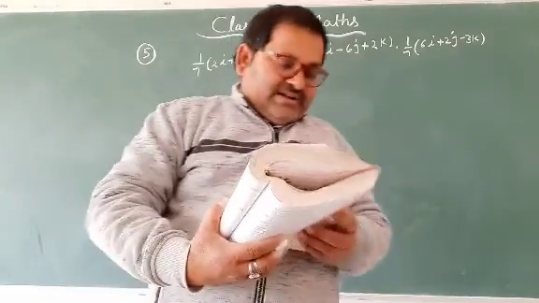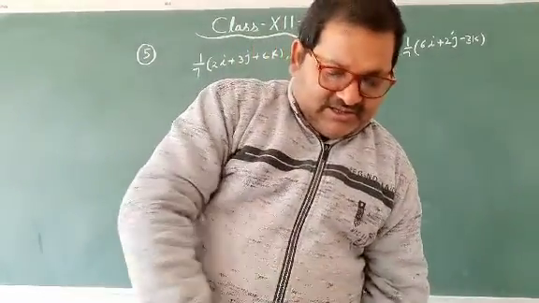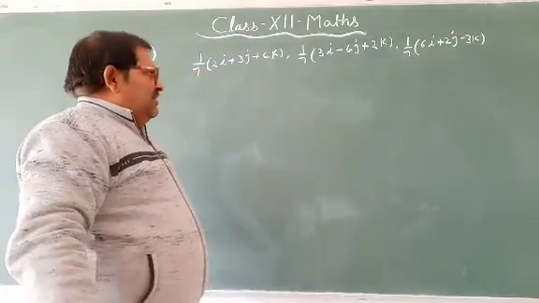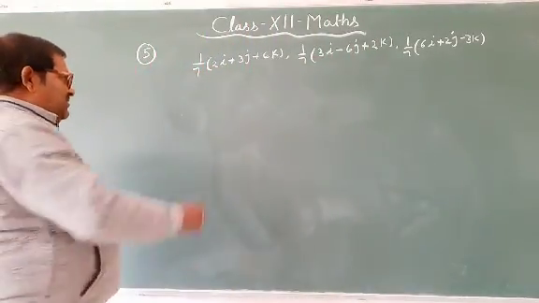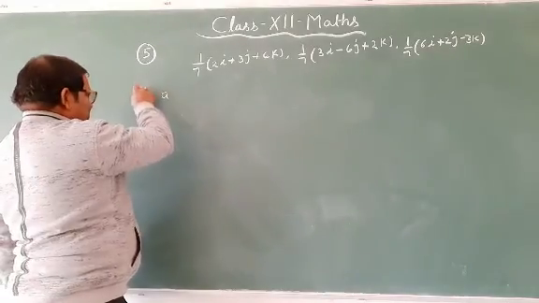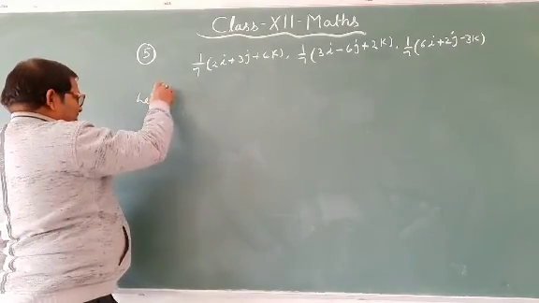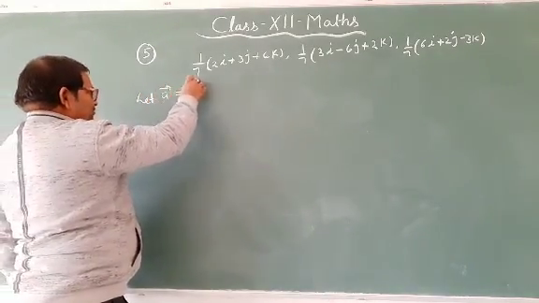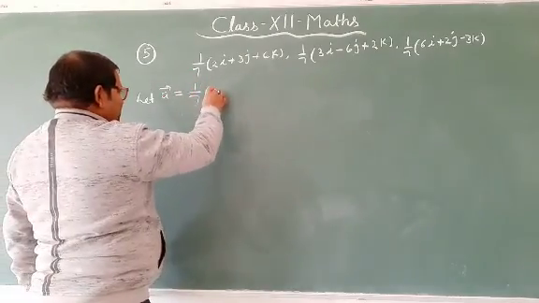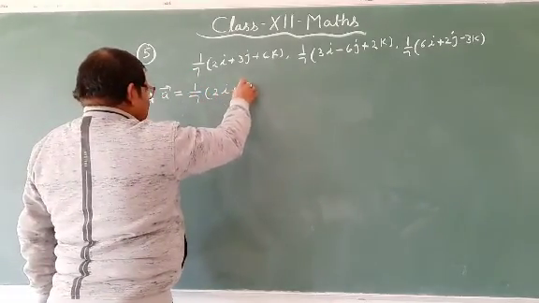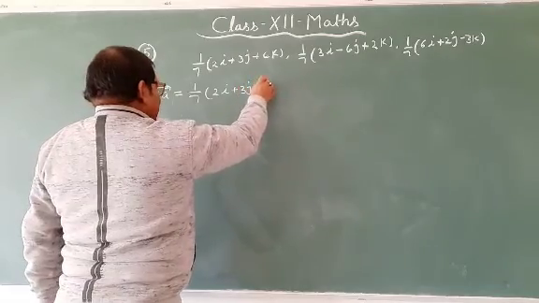Let us suppose that the three vectors are vector A, vector B and vector C. Let vector A is equal to 1 by 7 (2i + 3j + 6k).